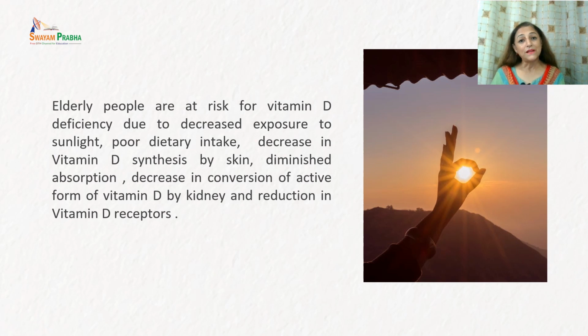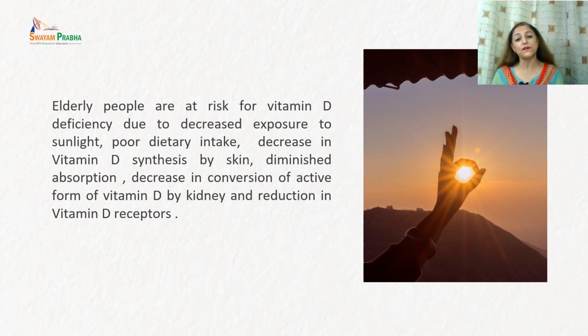And elderly people are at risk for vitamin D deficiency due to many reasons. So there could be decreased exposure to sunlight because they are confined to their homes, or because of poor dietary intake of vitamin D containing foods. There could be a decrease in vitamin D synthesis by the skin also.